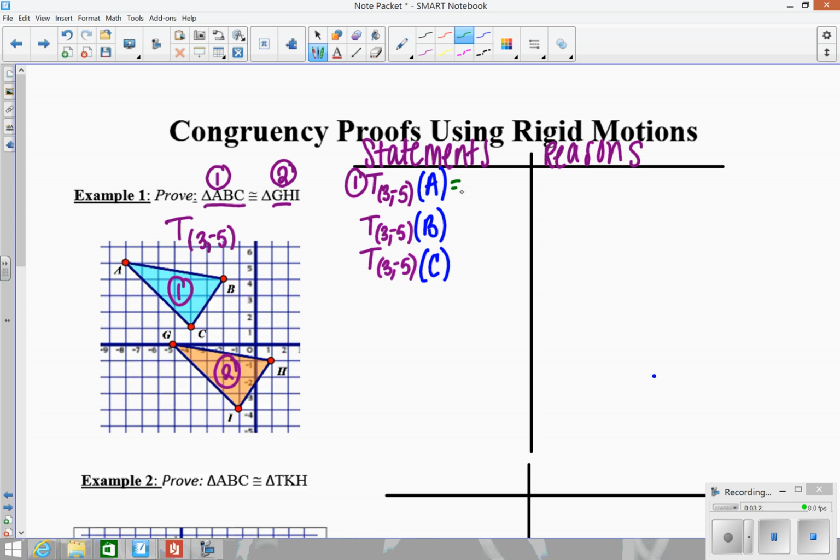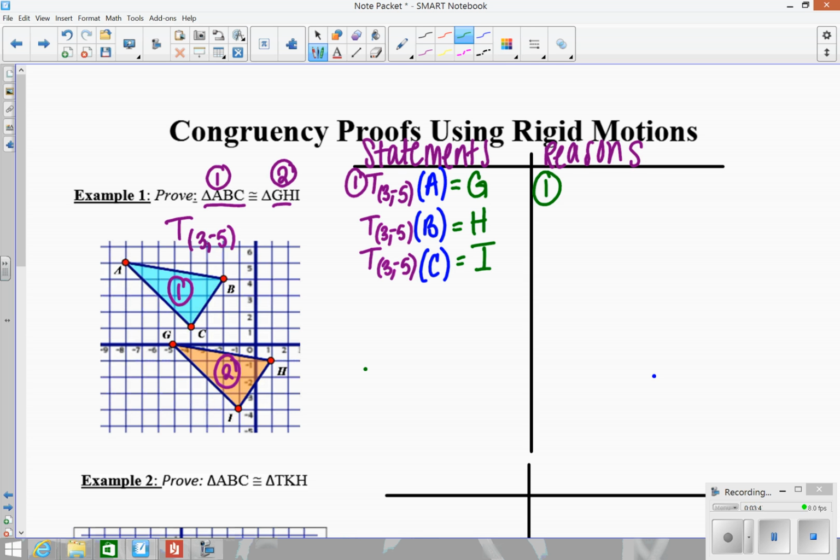And then your outputs are going to be, well, what did these points map to? So A, when I moved right 3 down 5, became G. B, when I moved right 3 down 5, became H. And C, I moved right 3 down 5, became I. So that means ABC mapped to GHI.